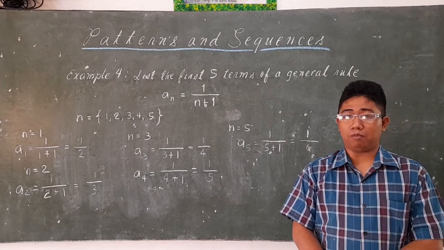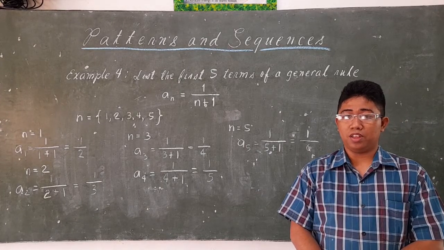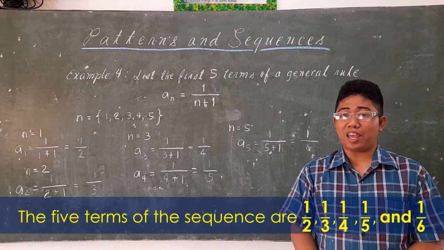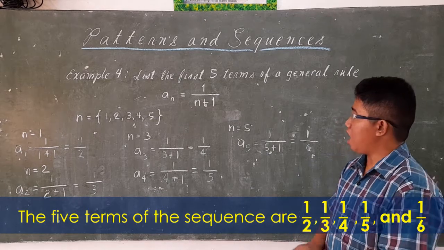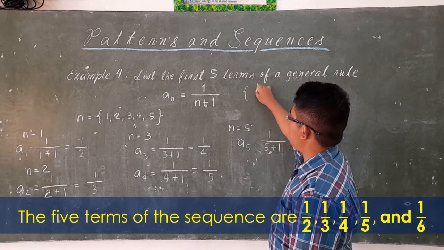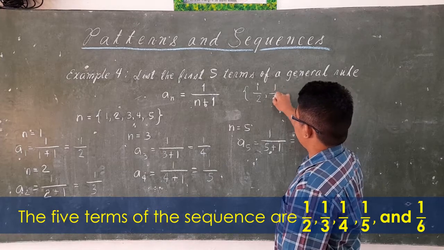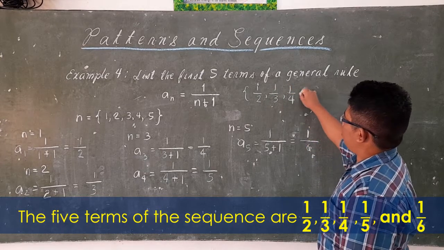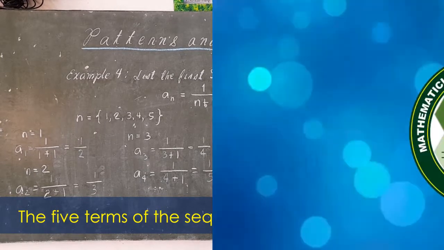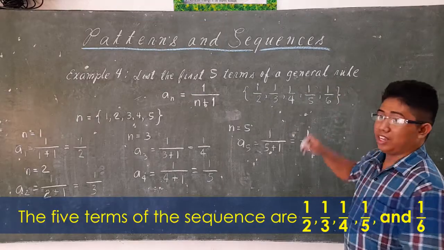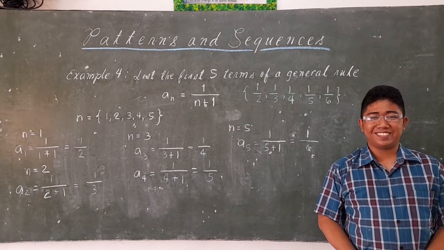Thus, a sub 5 is 1/6. Therefore, the first 5 terms in the given sequence are 1/2, 1/3, 1/4, 1/5, and 1/6. Did you get it, students?